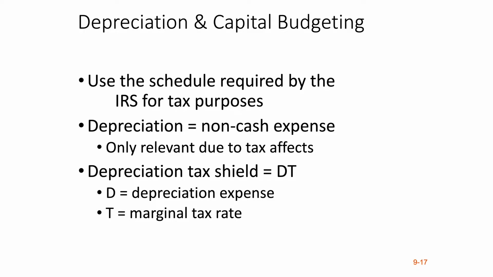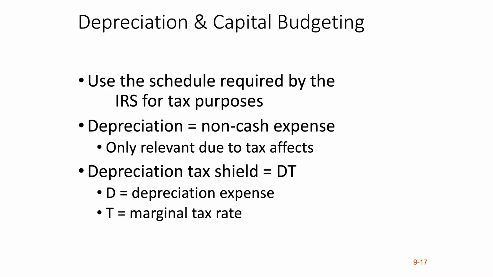The other thing is depreciation and the relationship between depreciation and capital budgeting. You have to use the schedule provided by the IRS for tax purposes. They usually have some kind of accelerated table to do that.